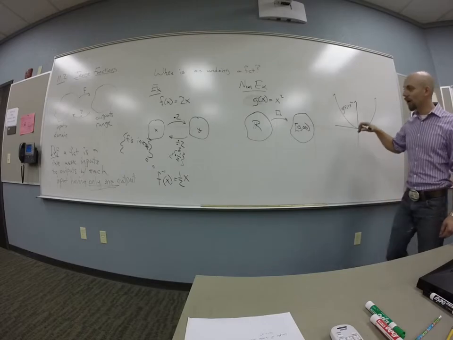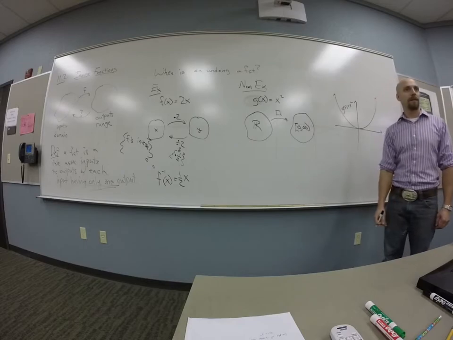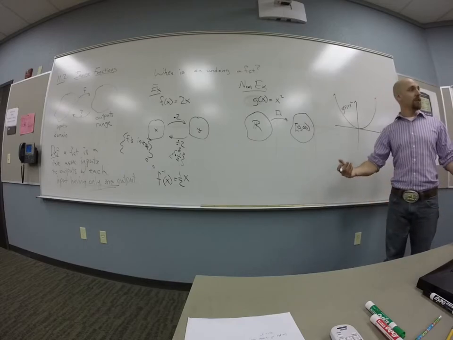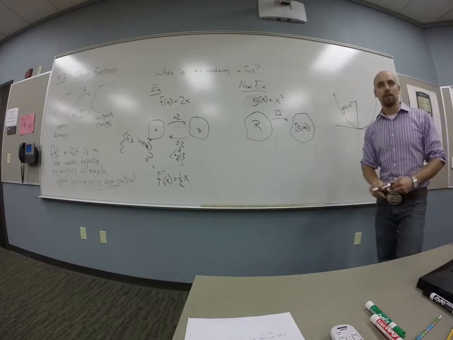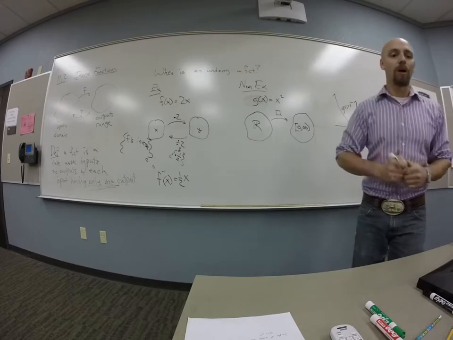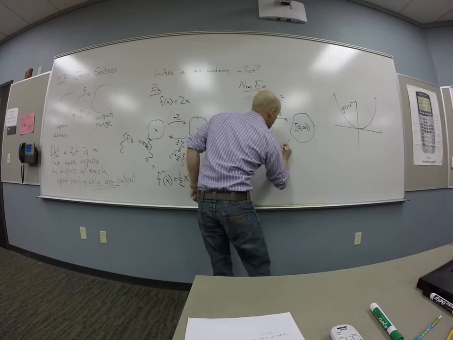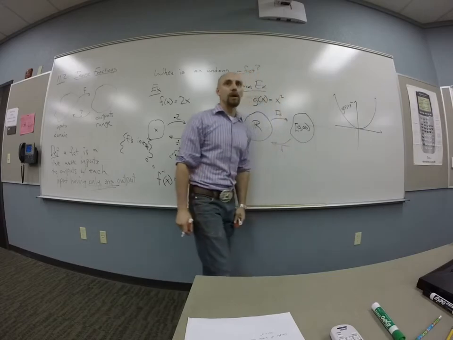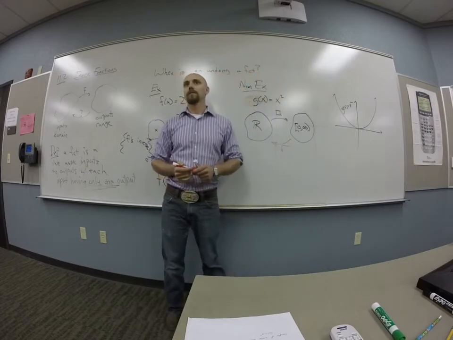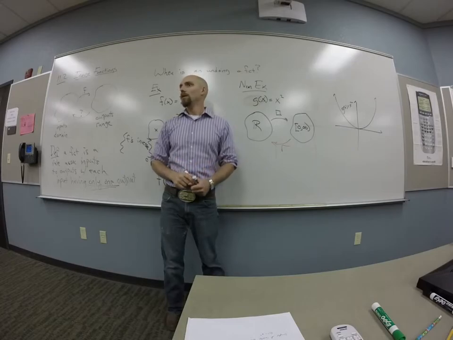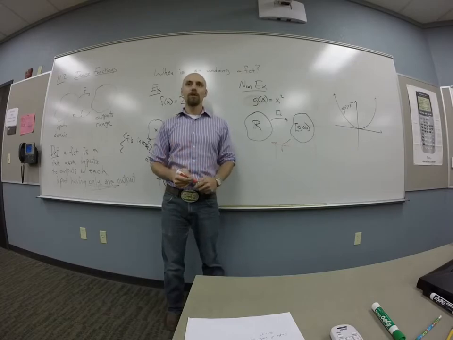So what would I undo this with? Square root. Yeah, square root seems like a natural idea. I'll write this in red because it doesn't quite work. So it seems like the square root should go this way, right? You guys all with that? But what's the problem with the square root?